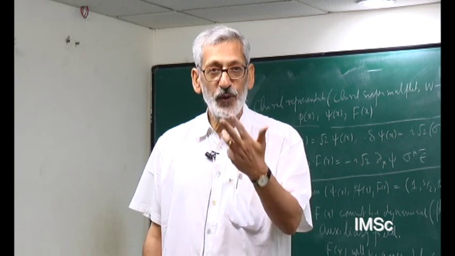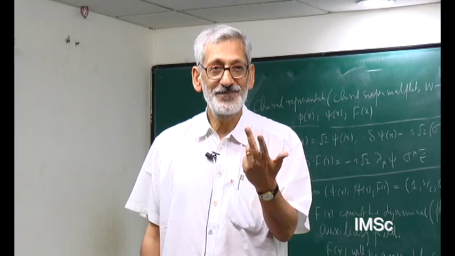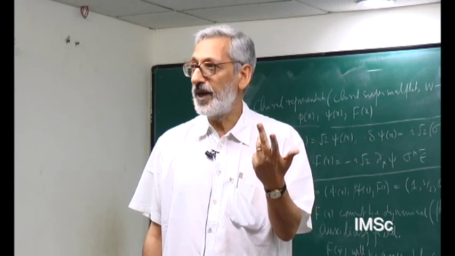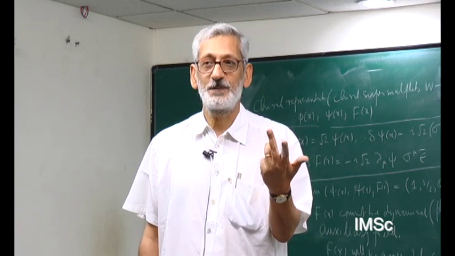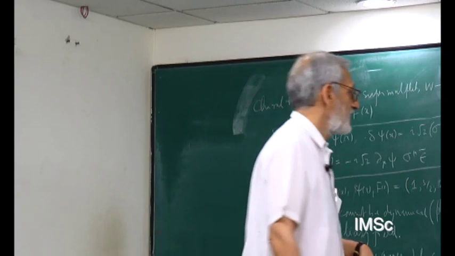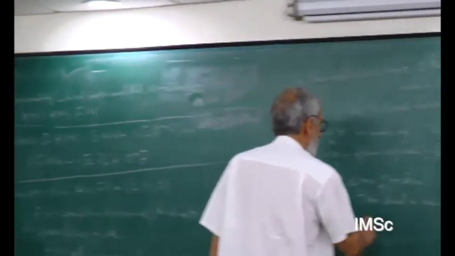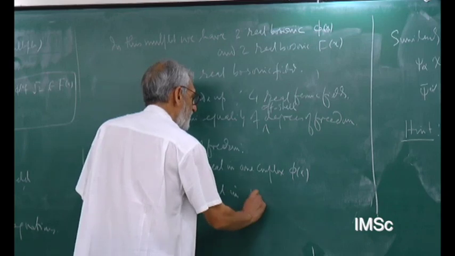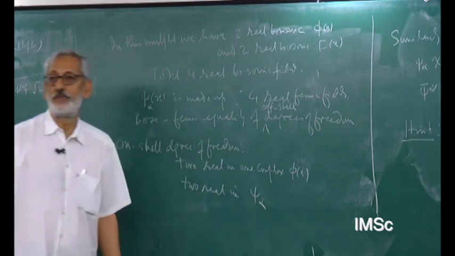For a massless fermion, we said there are only plus half and minus half, 2 helicities. So 2 real and 2 real in psi alpha.